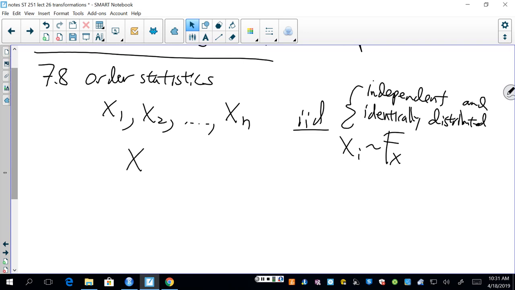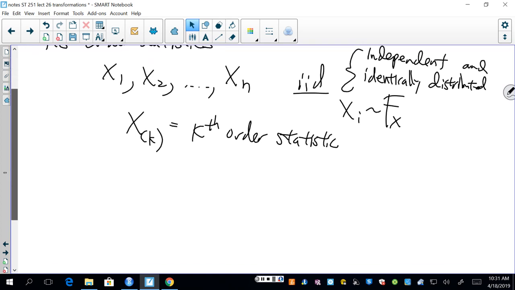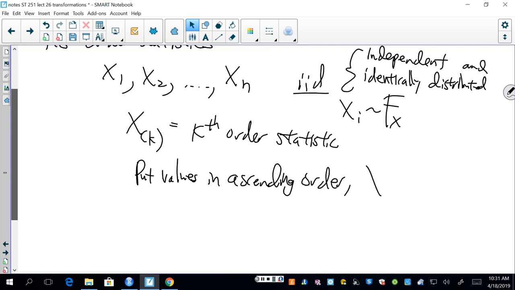The kth order statistic usually gets this little parentheses around it, x of k. The way this would come about is if you put the values in ascending order. Then this x of k is the kth smallest of those.